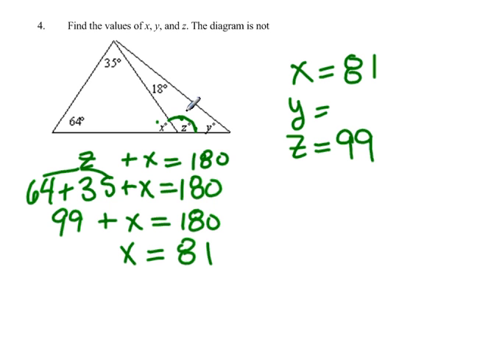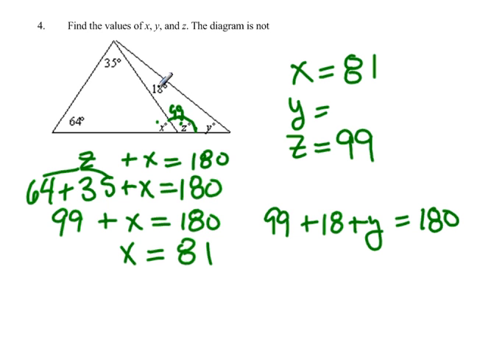We want to treat it like it's a triangle. If I know that this angle here is a 99-degree angle, then I know that 99 plus 18 plus y will equal 180. Because 3 angles of a triangle equals 180 degrees. Solving, combine my like terms.